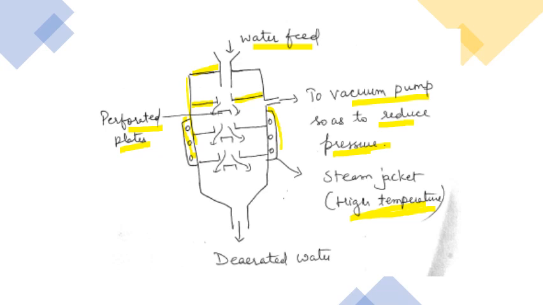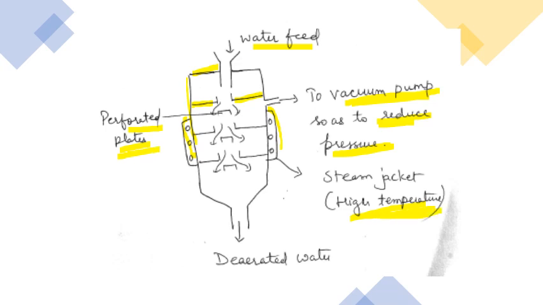And since it is directly proportional to pressure, the pressure should be decreased. So with the vacuum pump we reduce the pressure, increase the temperature, and provide a high surface area.